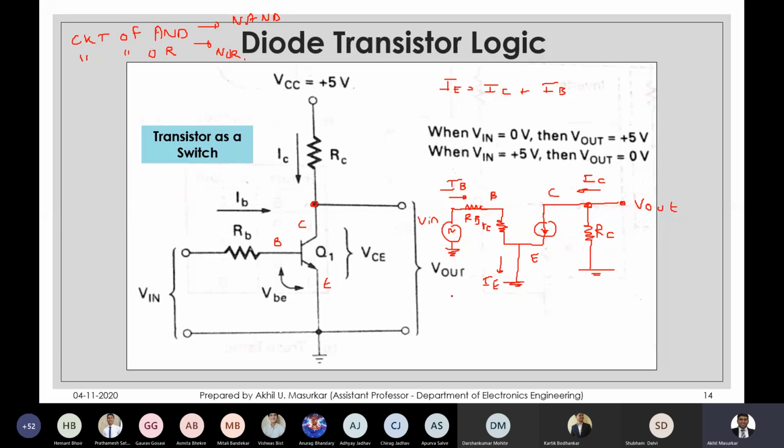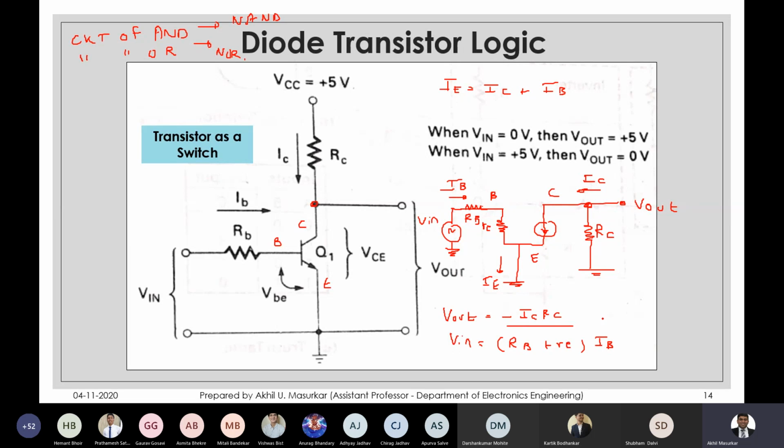We can write V out is equal to minus IC RC, and V in is equal to RB plus RE into IB.